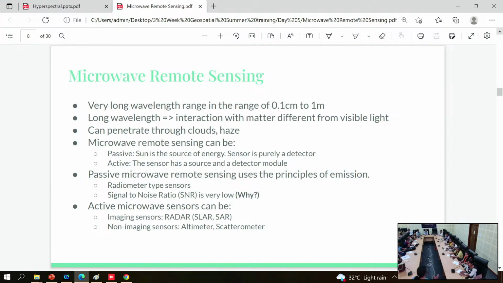It is not as simple to understand what the microwave data is showing us, and especially when there are a lot of changes in the terrain, if there are mountains and hills, then the correction becomes very difficult. Okay. So that is a disadvantage, but let us talk a little bit more about microwave before we jump into the advantages and disadvantages.